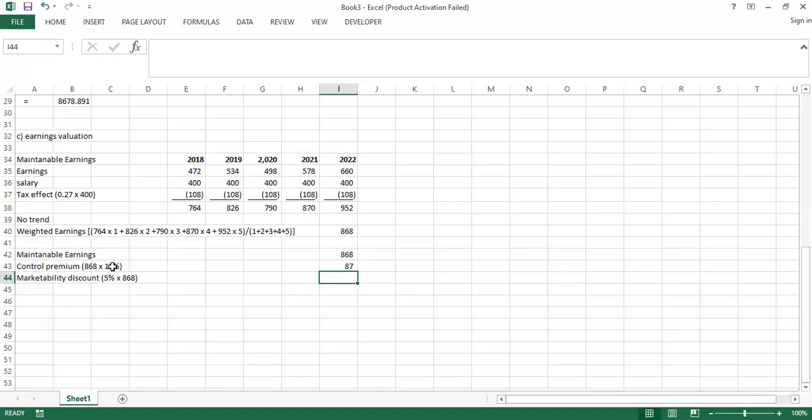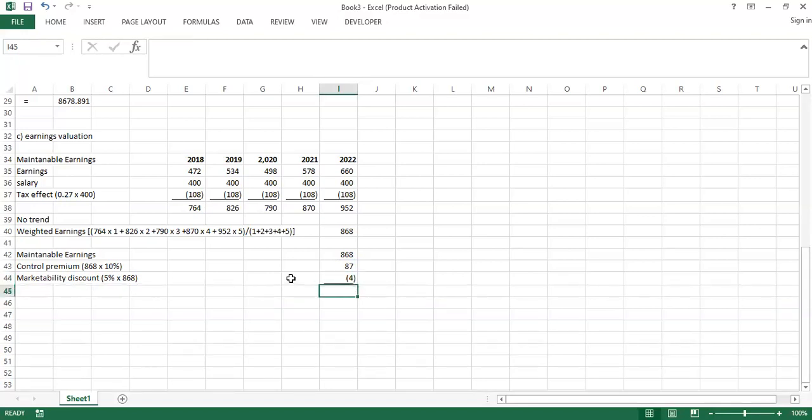He basically wants to put out other shareholders and become the main shareholder, so there is value in that. Marketability is a discount, because you are buying a share that's not listed in the stock market, so you are unable to sell it anytime. So we want to give you a discount for that.